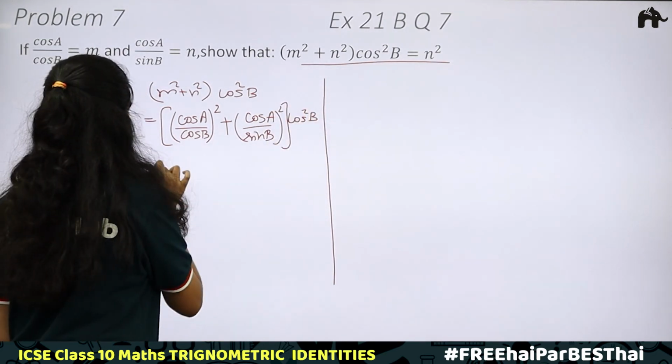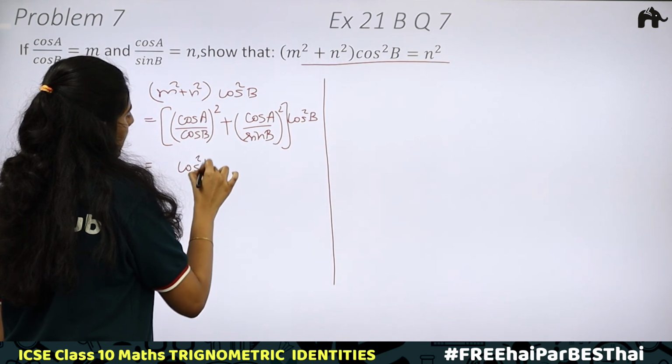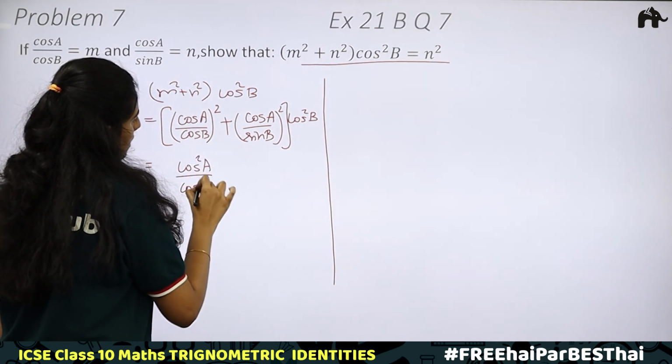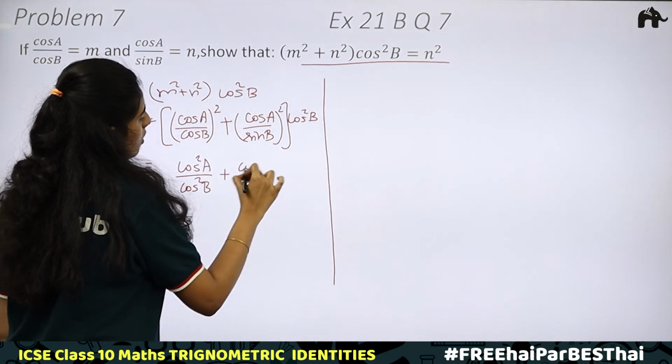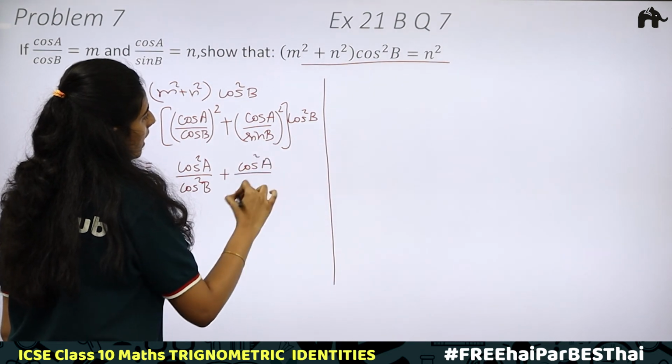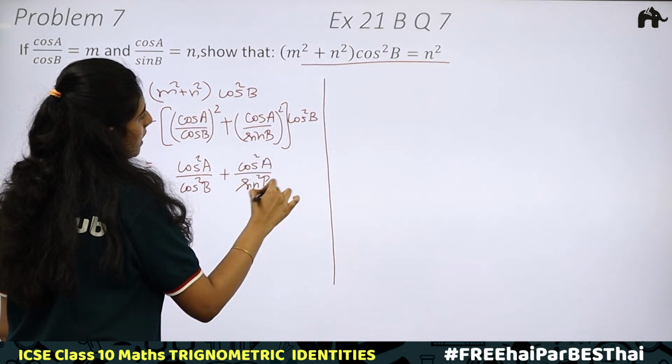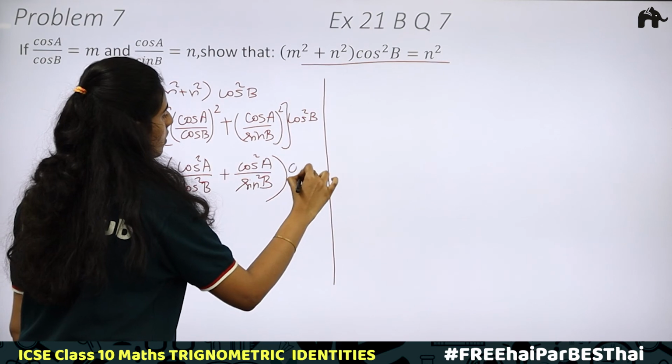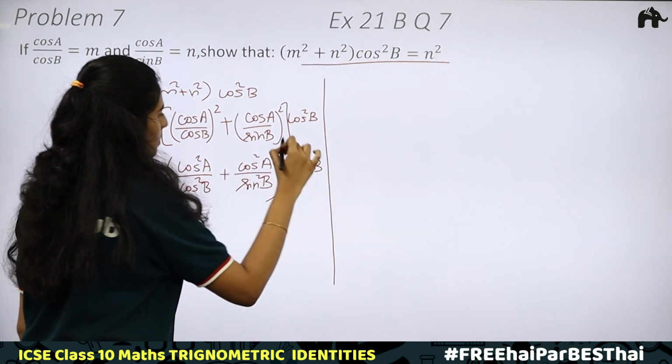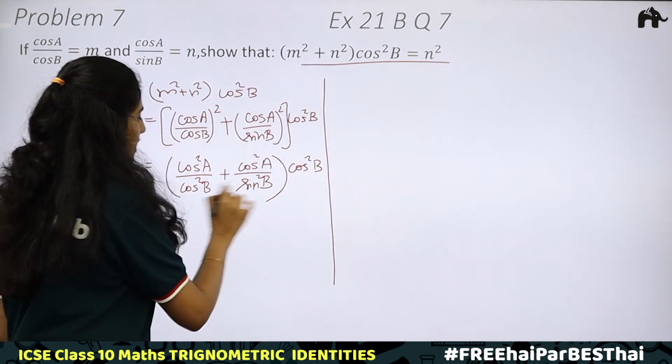Now this is equal to cos square A by cos square B plus cos square A by sin square B, whole into cos square B. Now take the LCM.